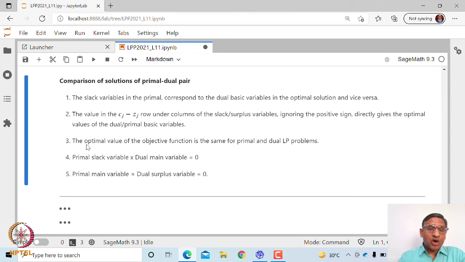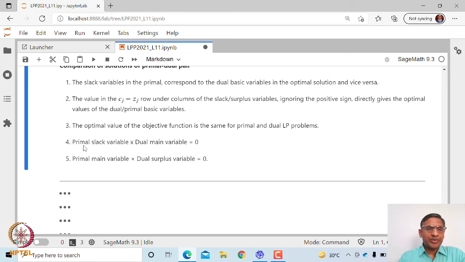The optimal value of the primal objective function is the same as the optimal value of the dual problem. That is what we saw. Also, the primal slack variable times the dual main variable is equal to 0. If one is positive, the other one is 0. Similarly, the primal main variable times the dual surplus variable is 0.